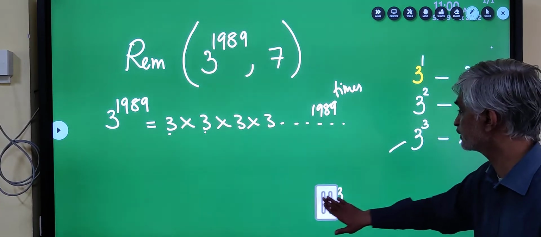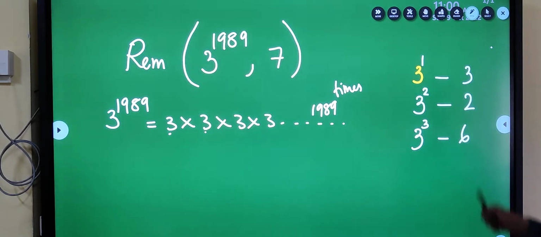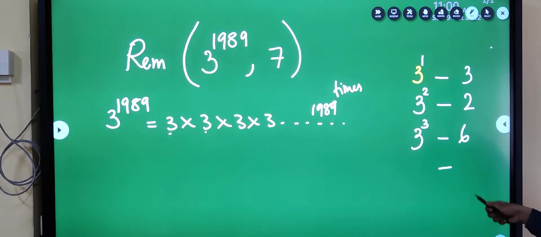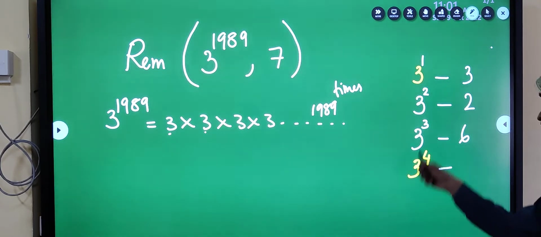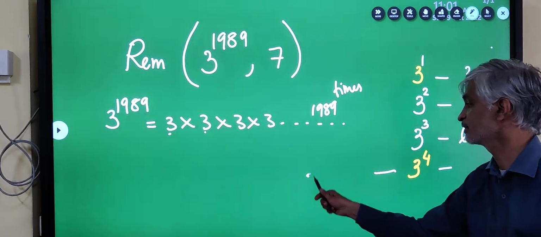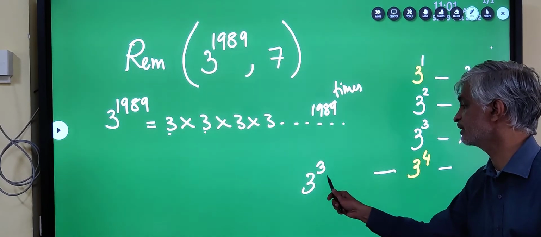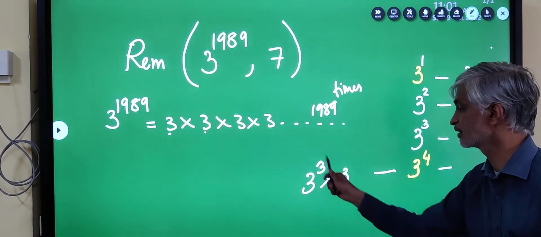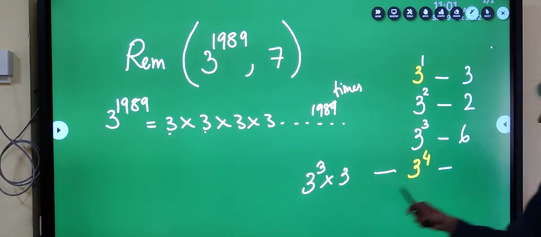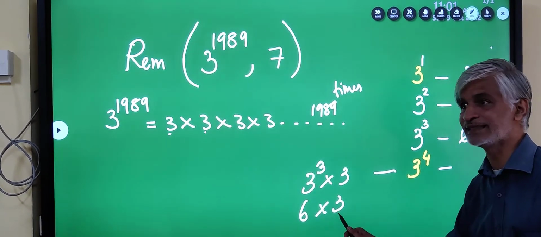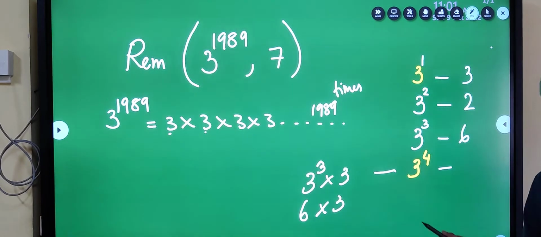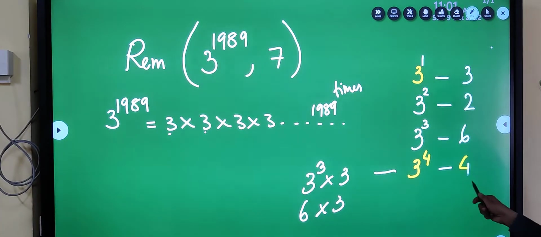And I'm going to continue for some time because I'm actually looking for 1 to appear here. So let me try 3 raised to 4, and I'll use the same trick that I used previously. 3 raised to 4 is nothing but 3 cube into 3. The remainder of 3 cube is already here, so let me make use of it. It's 6 into 3, which is 18, but we are dividing by 7, so that is nothing but 4.